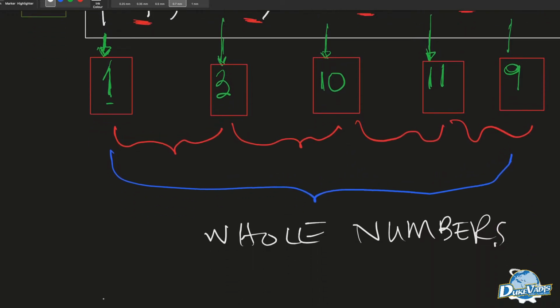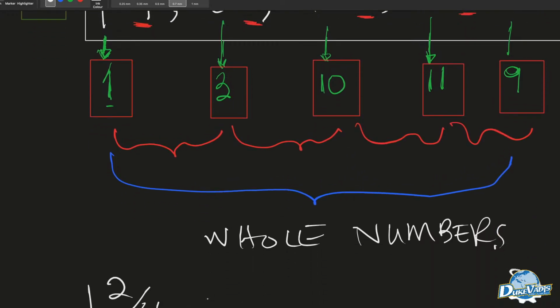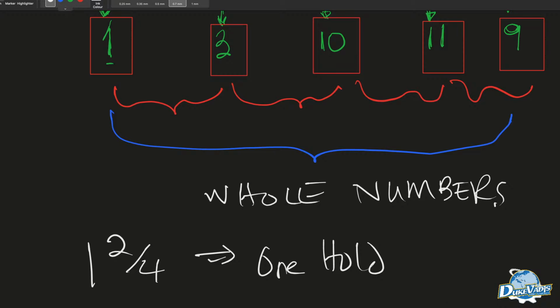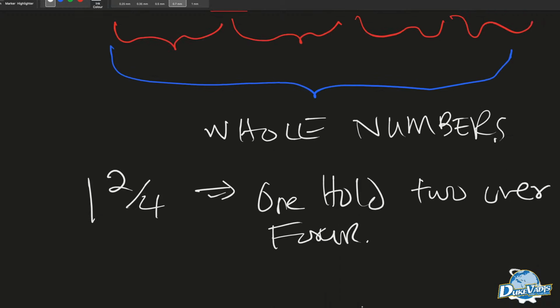The first one, 1, 2 over 4, we say one whole number 2 over 4. Have you seen that? One whole number 2 over 4.